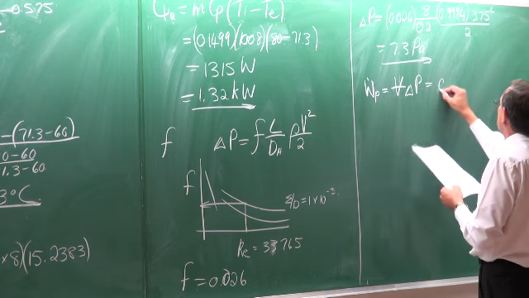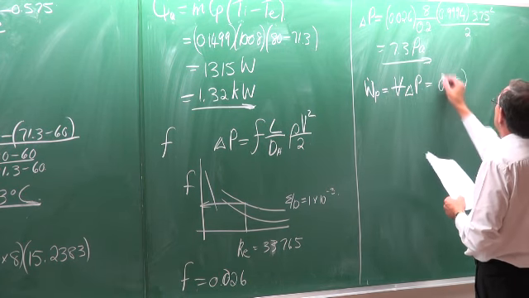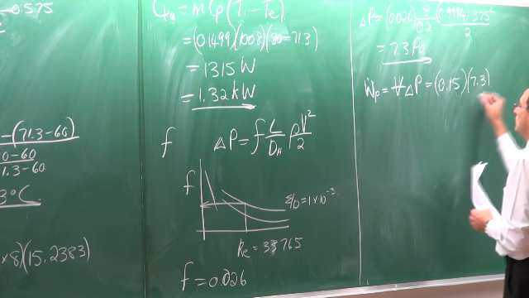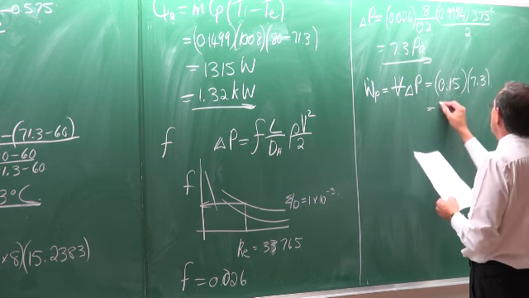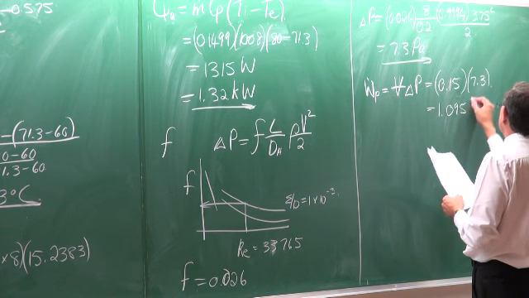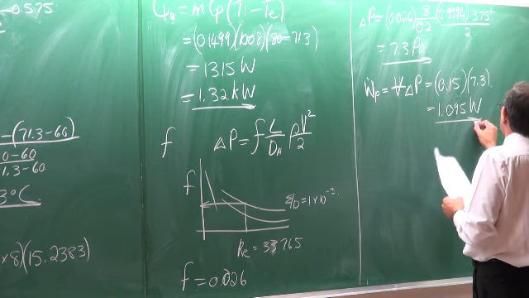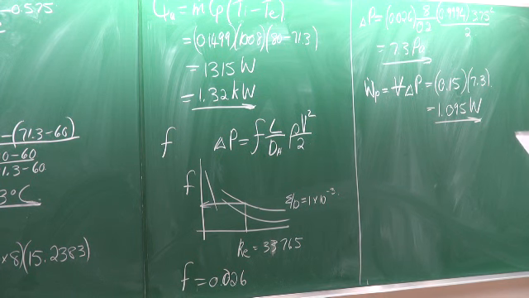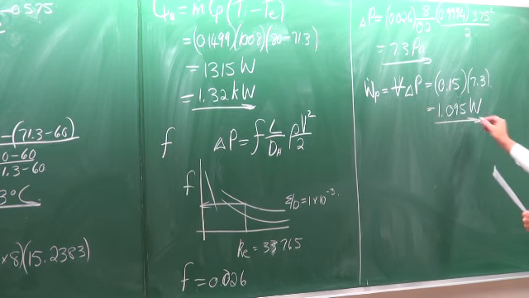The volume flow rate has been given as 0.5 multiplied by the pressure drop, which is 7.3 pascals, and that would give us 0.095 watts. So a very small value that we need for the fan power.